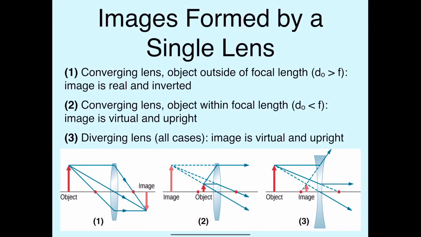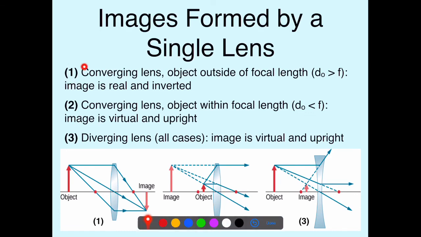Okay, so let's take a second to summarize everything we found in the last 4 example problems. So in particular, what kind of images are formed when you have a single lens? So there are 3 possible cases. The first case is where we have a converging lens and the object is outside of the focal length.